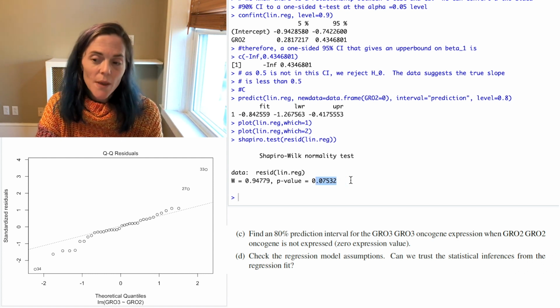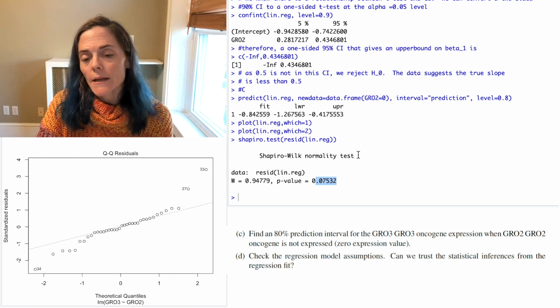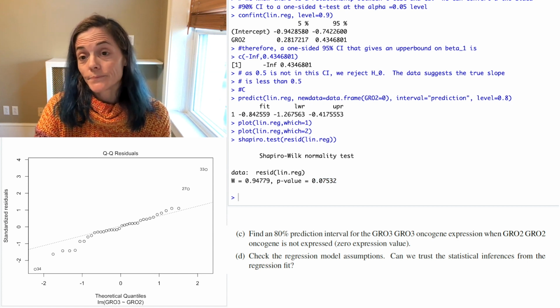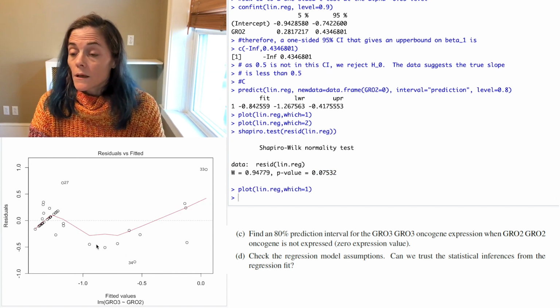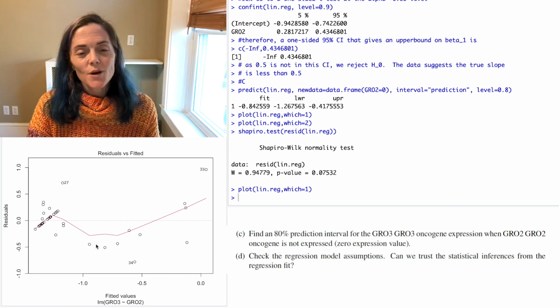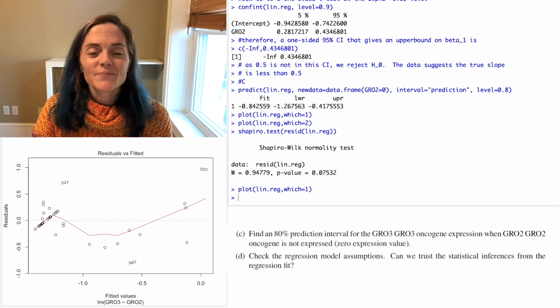So perhaps we can say the residuals seem normally distributed, but this first plot, this is not what we're looking for. So maybe we don't trust the statistical inferences, as I mentioned before.